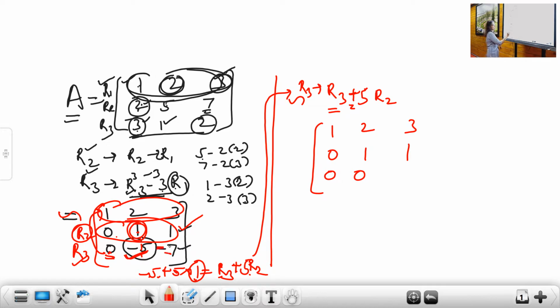Now what will happen with this number? Minus 7: on top of R3 write minus 7, because this number is from R3, plus 5 into R2. Which is the corresponding element to minus 7 in R2, students? It is 1, right? So calculate this: minus 7 plus 5 is minus 2. So this number is minus 2. Understood about the row transformations? Okay, so in this way you can continue.